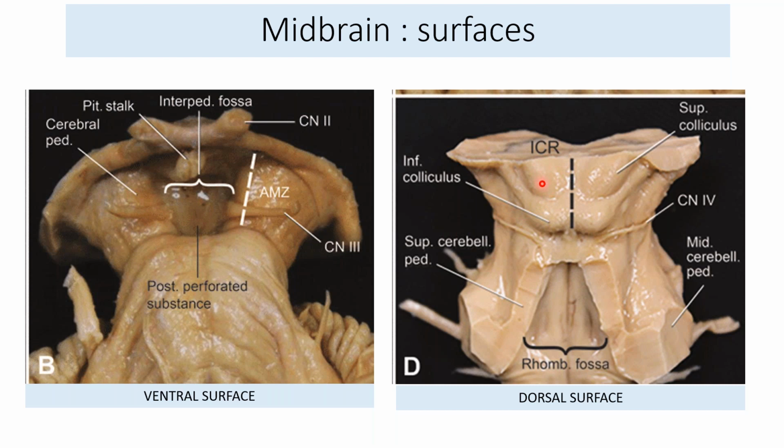From the dorsal aspect, you will be able to see the tectum area, which is the colliculi area: the two superior colliculi and two inferior colliculi. Further, ventrally, this is the junction where the midbrain and the pons are. So this is all pons, and below the midbrain, posteriorly also, you can see the pons in relation to the fourth ventricle.